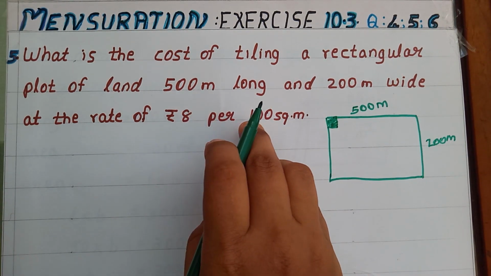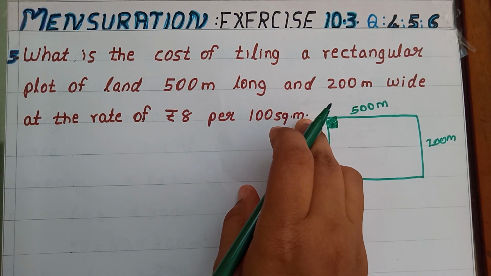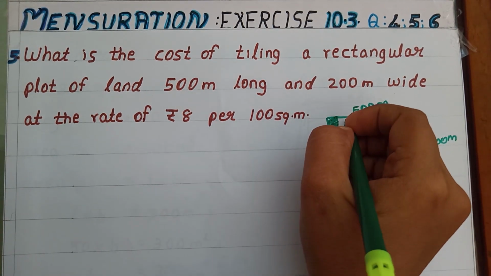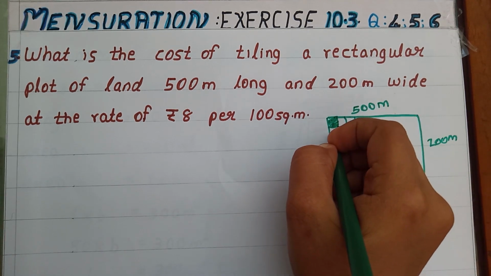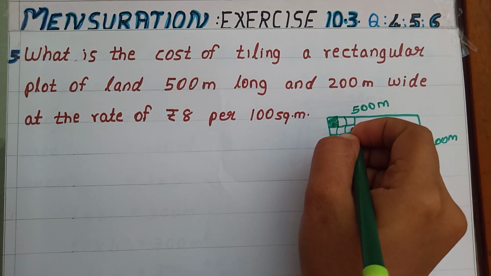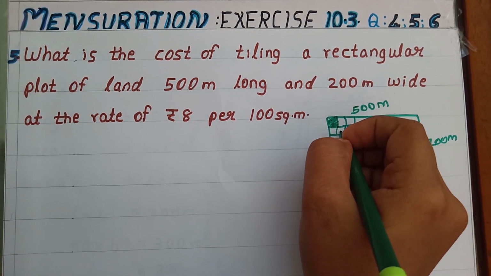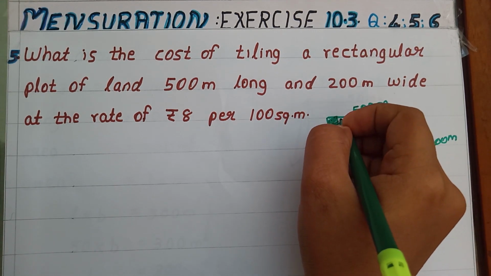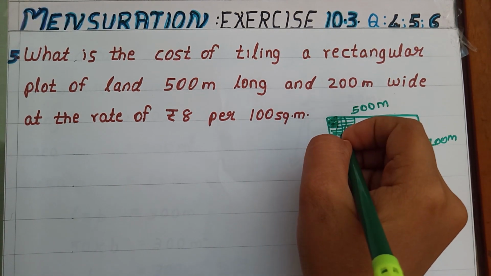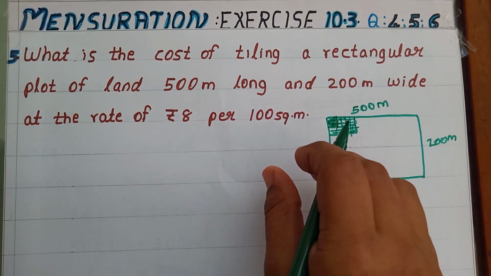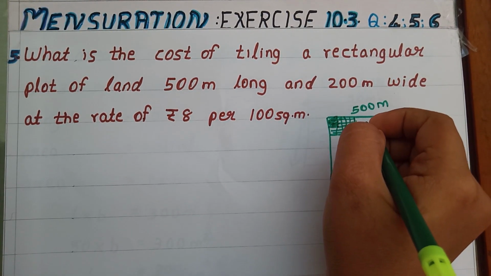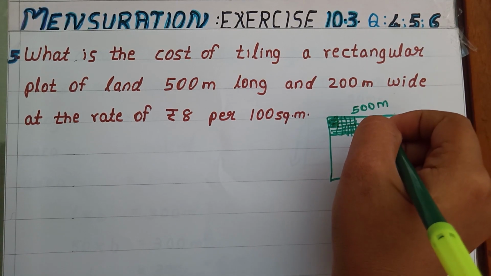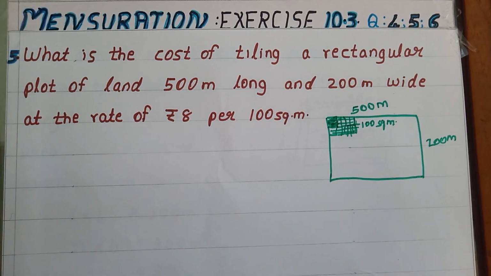They have given that for 100 square meter, that means 100 such square pieces. See, imagine that this is 100 square meter. Area of this plot is 100 square meter.